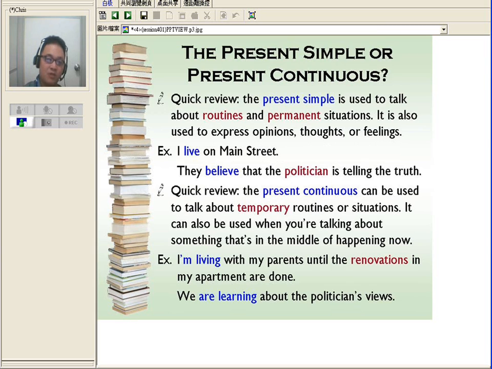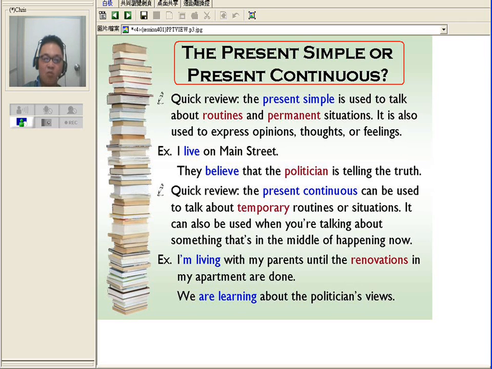For example, present simple or present continuous. Which one is correct in what kind of situation? Well, first of all, remember that present simple is used to talk about routines.